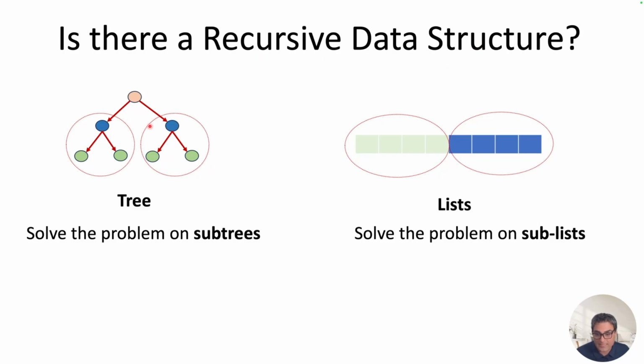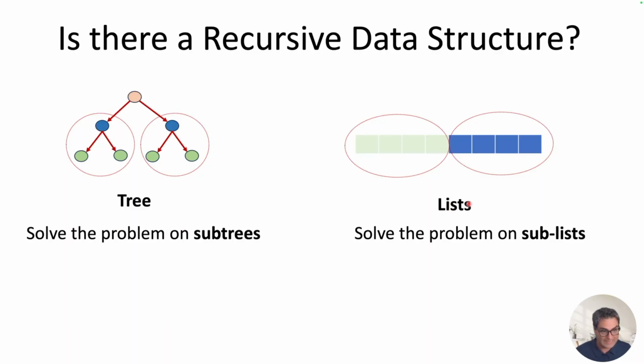For example, a tree is a recursive data structure because a tree consists of a root and several subtrees. Each subtree itself is a tree recursively. So if this is a recursive data structure, chances are that a problem that involves a tree, for example, they ask you to find something on this tree, this involves recursion. This can be solved by recursion.